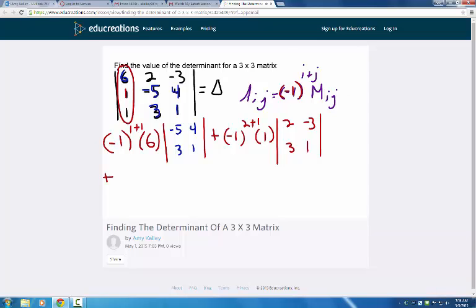Plus, now we look at our third element, 1. So the formula says negative 1 to the power of 3 plus 1 times 1 times our determinant, 2, negative 3, negative 5, 4.